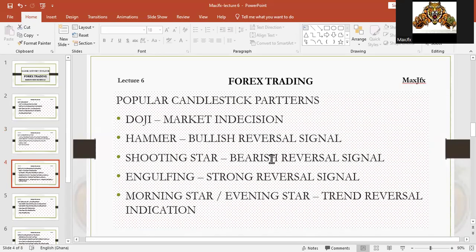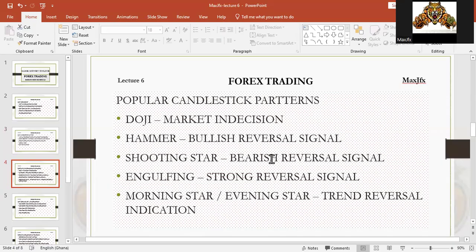Yes. So the next one is the popular candlestick patterns. The popular ones are the doji, which is a market indecision candle. We also have the hammer candle, which is a bullish reversal signal, and the shooting star, which is a bearish reversal signal. We also have engulfing, which is a strong reversal signal.